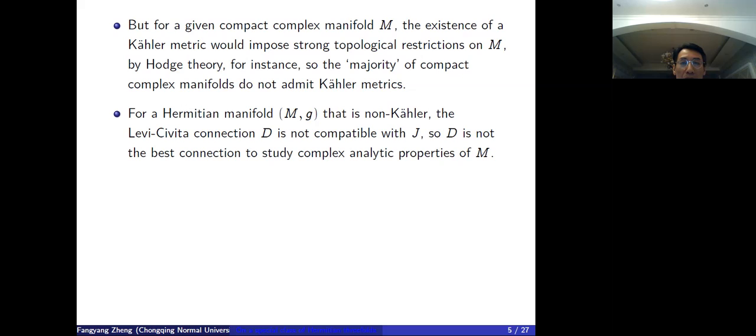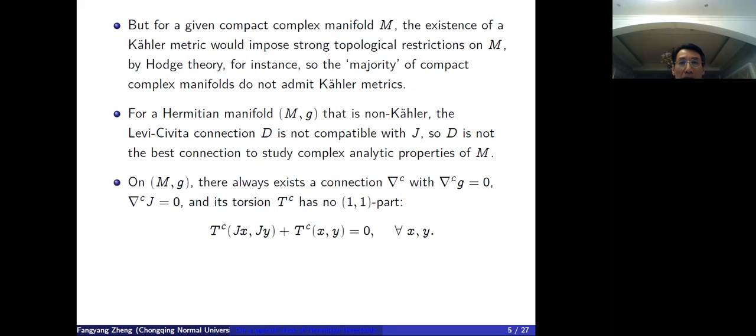So in practice, people use another connection, namely the Chern connection, which we denote as nabla C. This is a connection compatible with the metric and almost complex structure, and the torsion has only a 2-0 part, so there's no 1-1 part, which can be described by this equality.